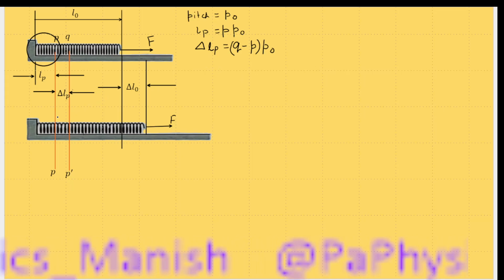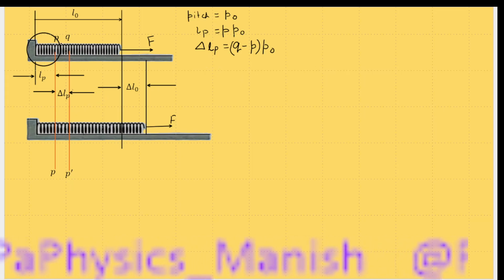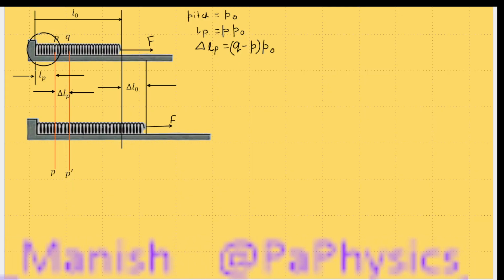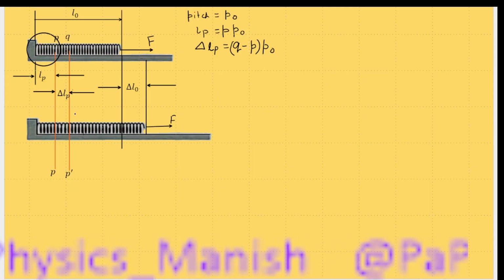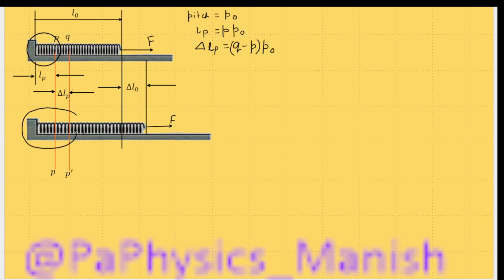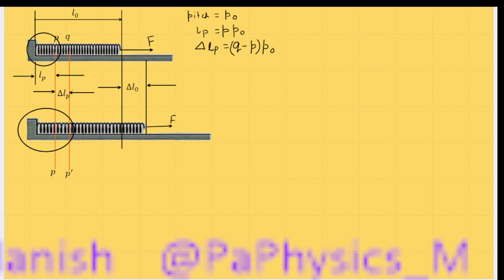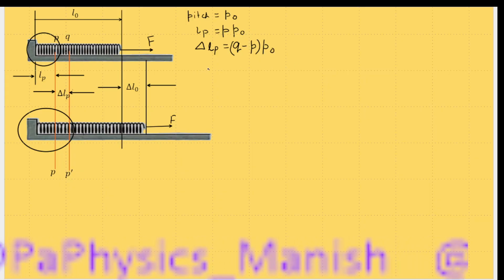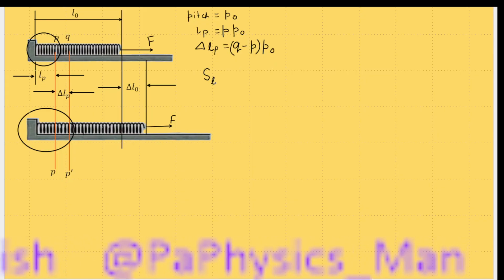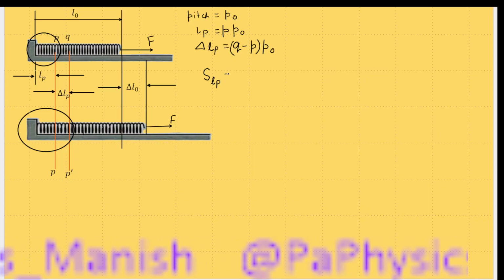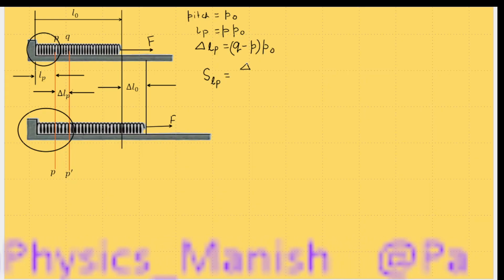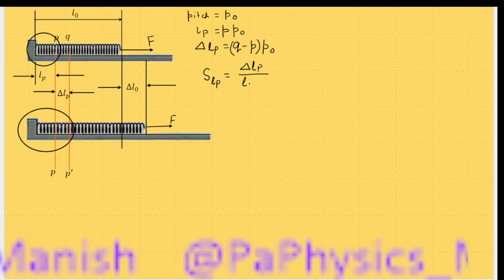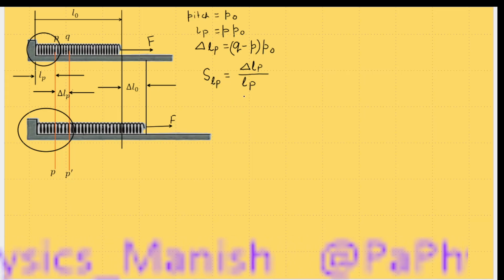So what will be the strain in this segment? Initially it was this much, and now it has become this much. So we can write the strain in LP as the change in length of LP divided by the original length of LP.